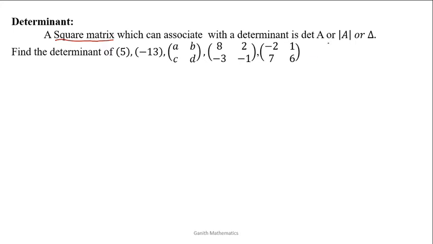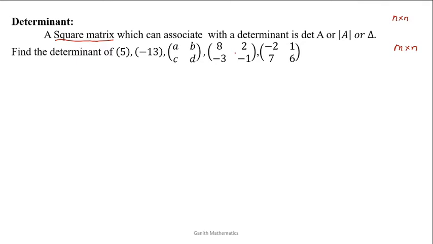A square matrix is one where the number of columns and rows are the same. Suppose a matrix is of order n by n, then the number of rows is n and the number of columns is also n, so we call it a square matrix. Suppose there is an m by n matrix, then the number of rows is m and the number of columns is n. They are not equal, so we call that a rectangular matrix. So to find the determinant, the matrix must be a square matrix.